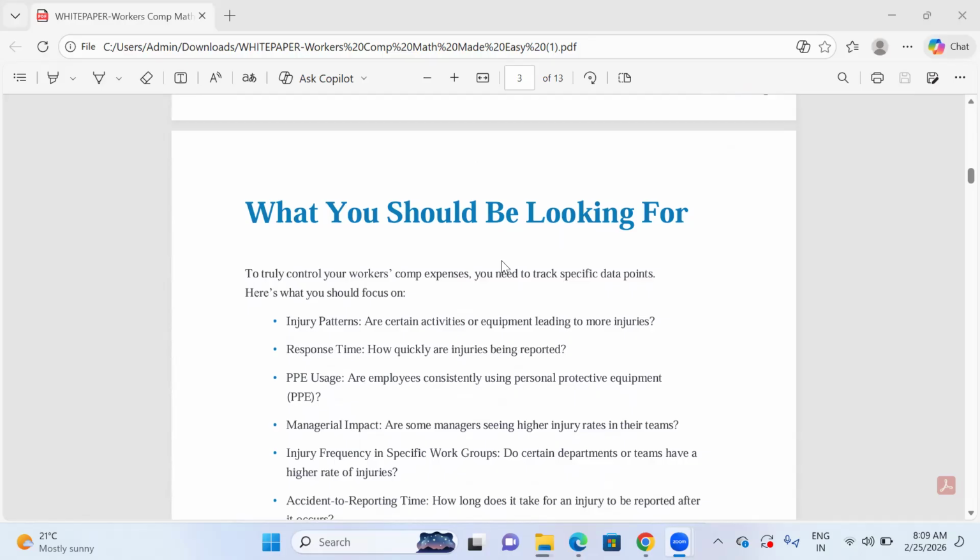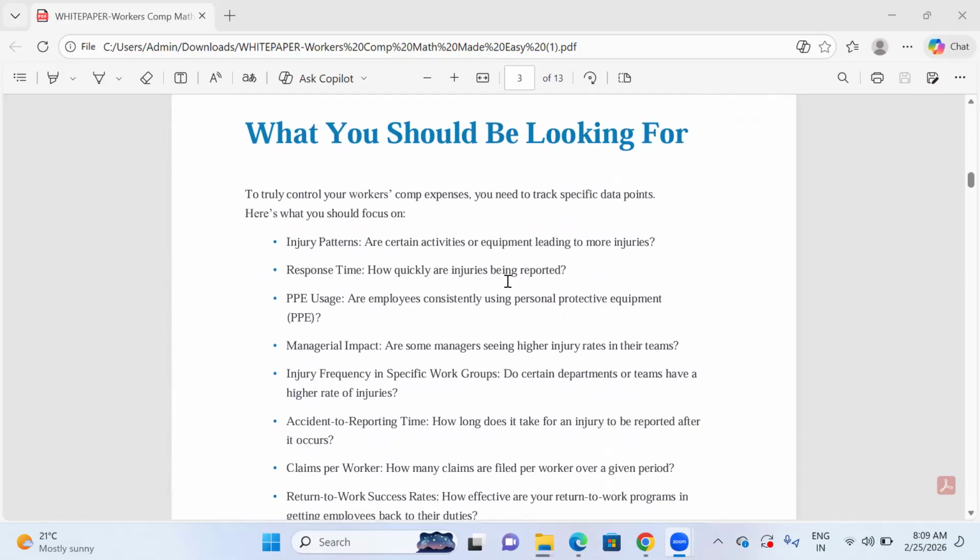Are employees consistently using personal protective equipment or not? At the same time, what managerial impact are we seeing, because some managers can see a higher injury rate in their teams. These are all specific data points we have to look at when it comes to workers' compensation.